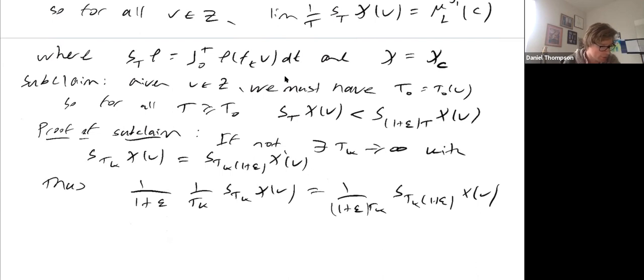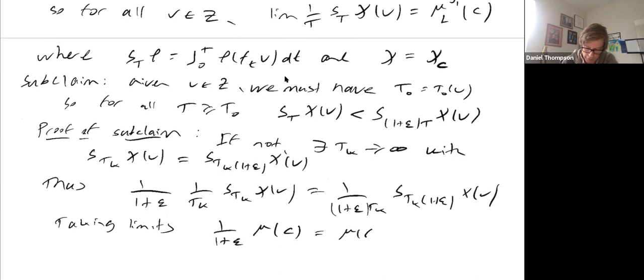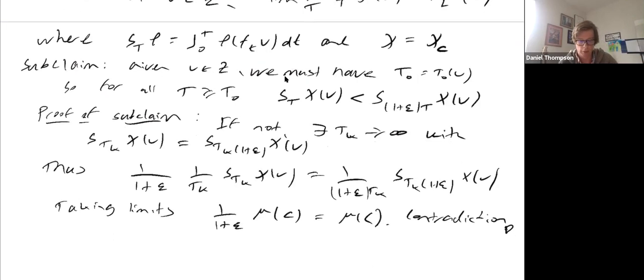That's a contradiction. Taking limits, 1 over 1 plus epsilon times the measure of C equals the measure of C, contradiction. Okay, so that was the proof for the subclaim.